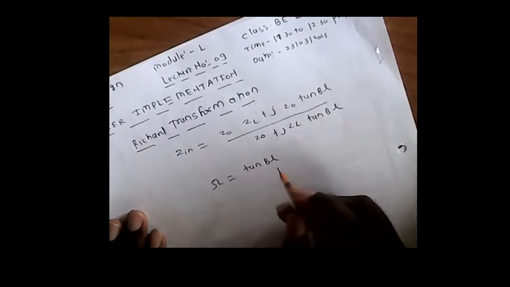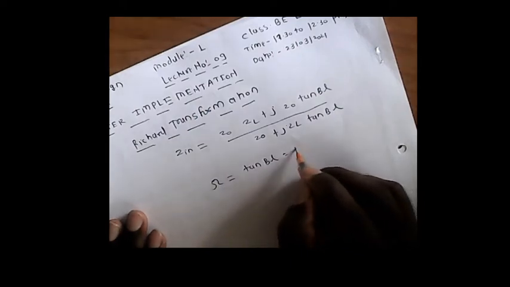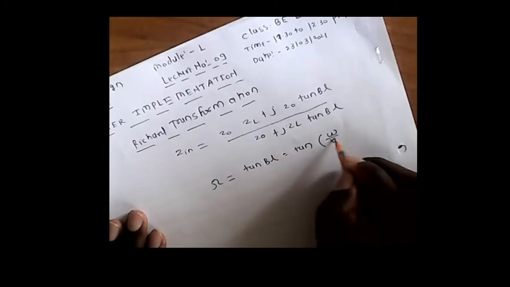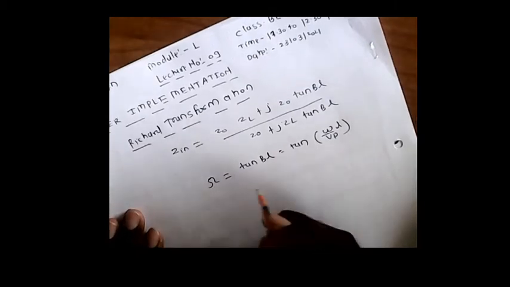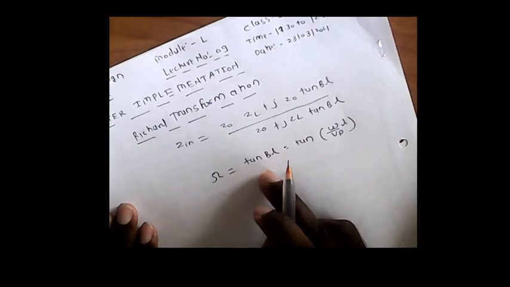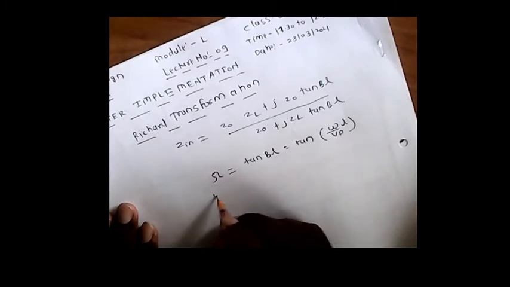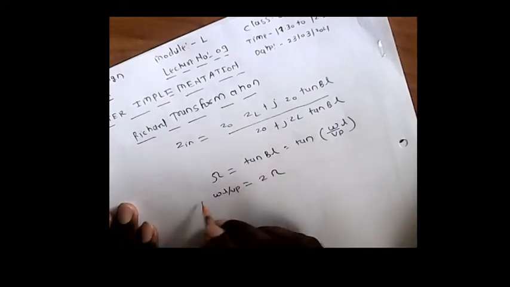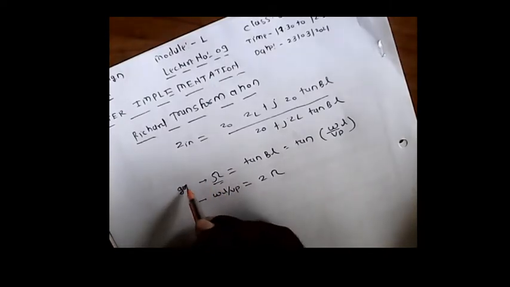where β is equal to ω/Vp times l. This maps the ω plane to the Γ plane, which represents a period of ωl/Vp = 2π.